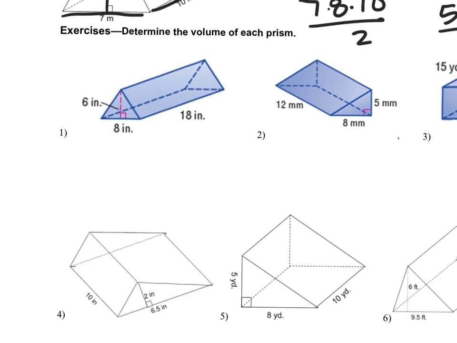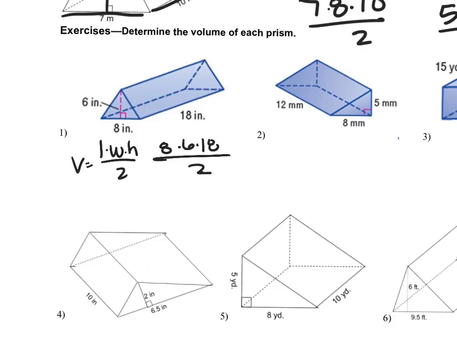So let's look at this one. We're going to say length times width times height divided by 2. So 8 times 6 times 18 divided by 2. Okay, so I can take half of something too. I can take half of 8, or half of 18. I could take half of a couple of different things and come out with the same answer.